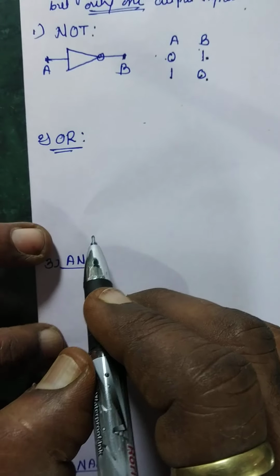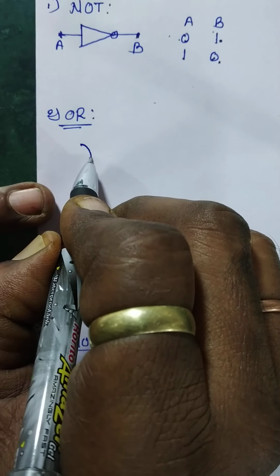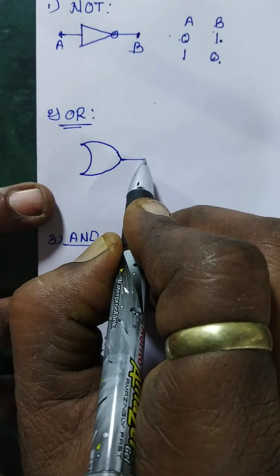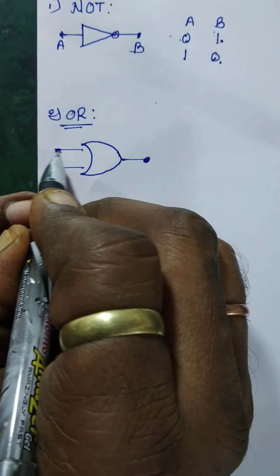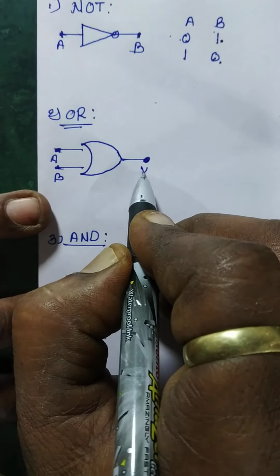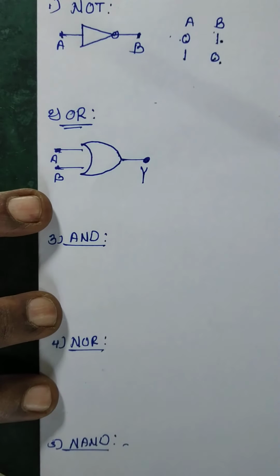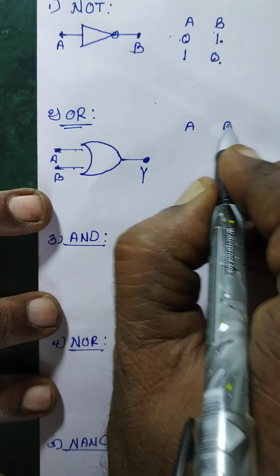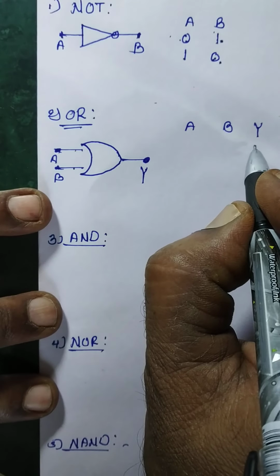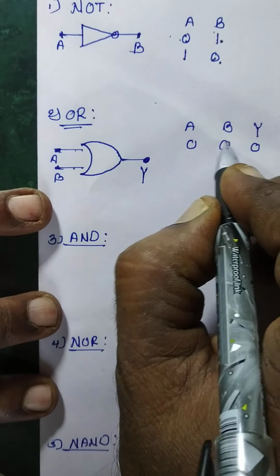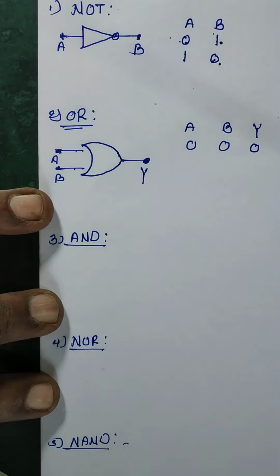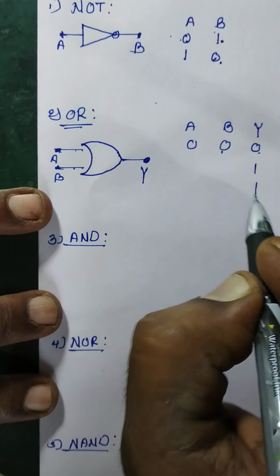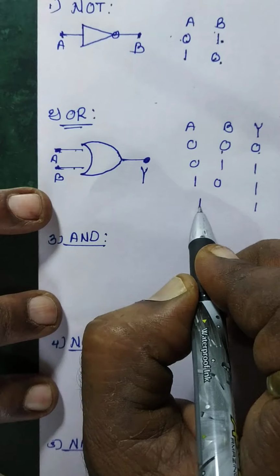Then the OR gate. A logic gate which has two or more inputs, suppose inputs A, B, but only one output Y, such that the output is low only when all inputs are low, otherwise the output is high: 0, 1, 1, 0, 1, 1.